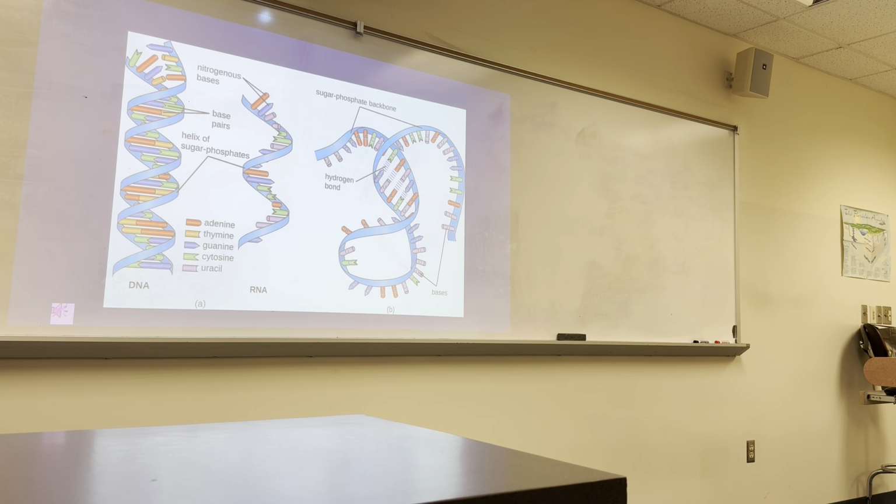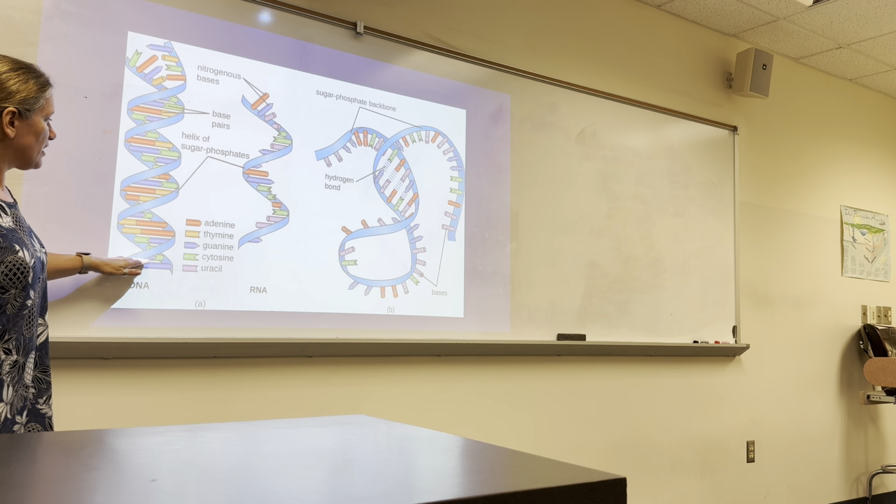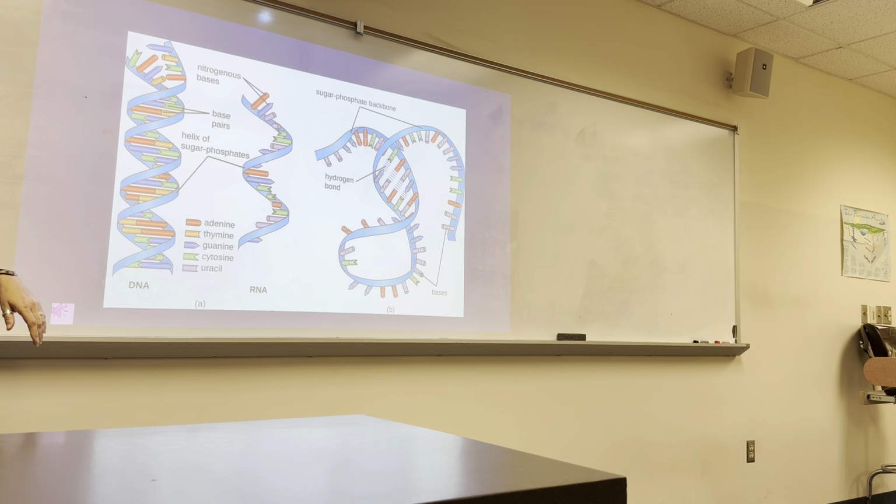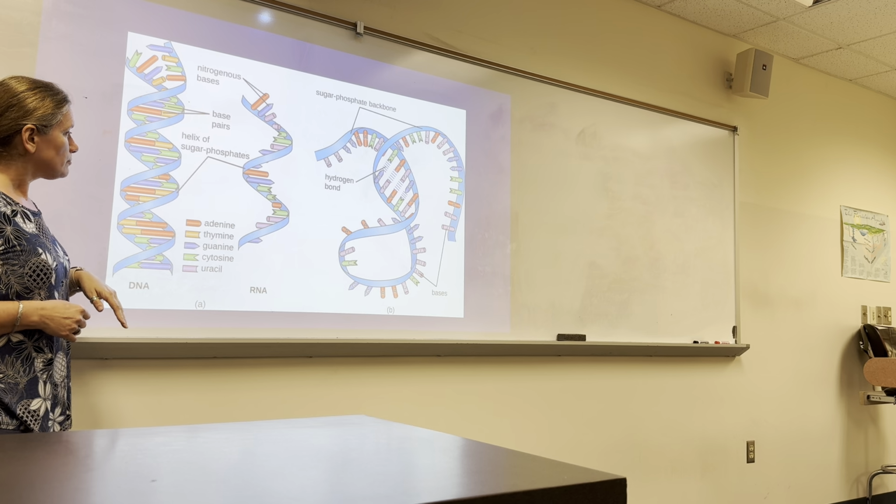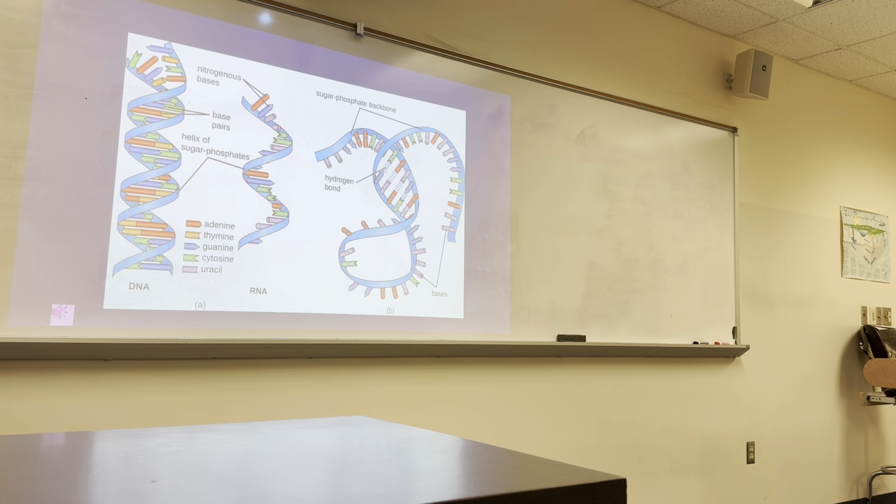And what we see is the sugar phosphate backbone is the constant in that structure, and the nitrogenous base is what is going to give that strand its unique sequence, so the order of those nitrogenous bases. That order is actually going to be important in the interaction when we are using these strands of either DNA or RNA as a template, okay?